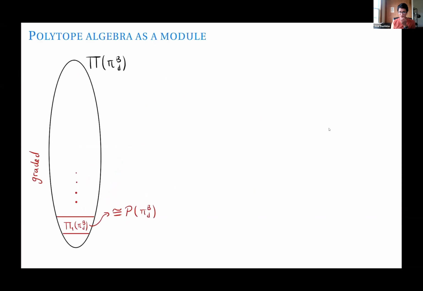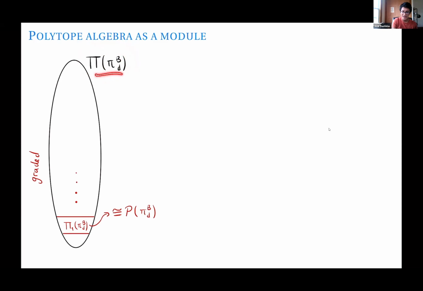And then we have to look for hints somewhere. And it turns out that there is this object that was in the title, but I'm not going to explain what it is, the polytope algebra. First, the general one is infinite dimensional, but there is one that is smaller and restricted to the deformations of a fixed polytope, in our case, the type B permutahedron.